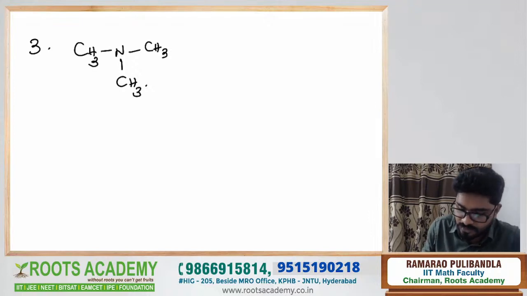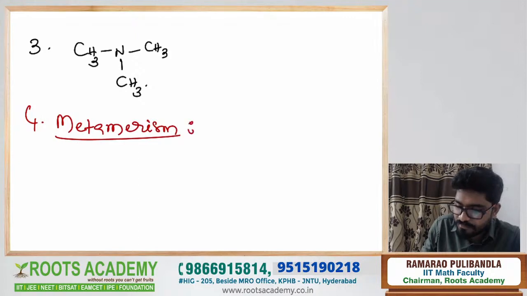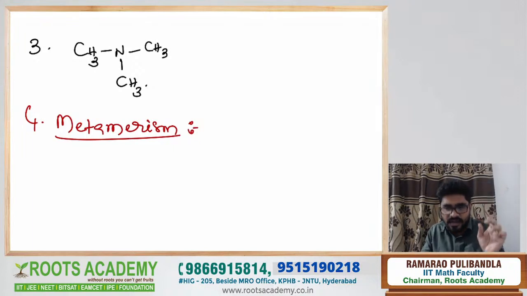Come to the fourth part, metamerism. This is simply about the alkyl groups which are connected to the same functional group should get differed. One more time: the alkyl groups which are connected to the same functional group should get differed.